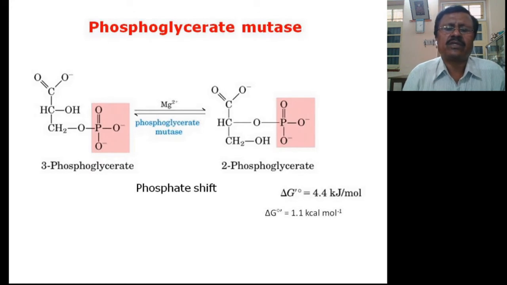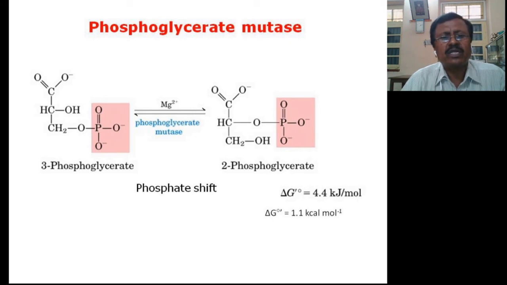Reaction 8 of glycolysis is an isomerization reaction. The enzyme phosphoglycerate mutase, an isomerase, catalyzes the transfer of the phosphate group from the third carbon to the second carbon. Thus, 3-phosphoglycerate is converted into 2-phosphoglycerate.